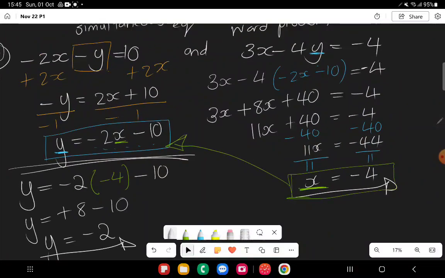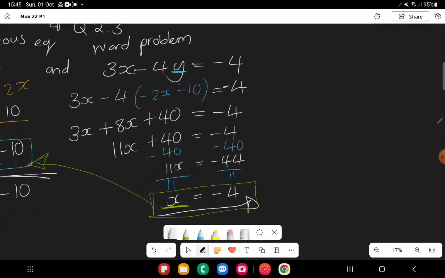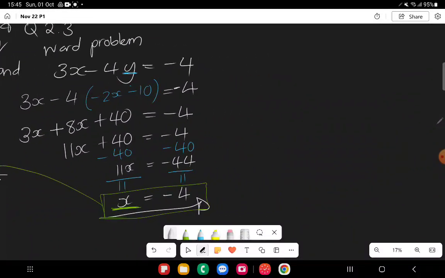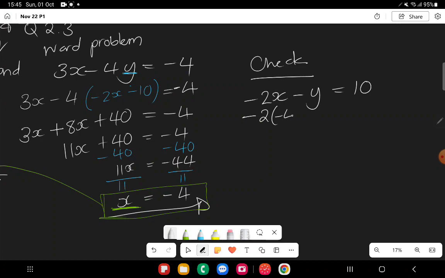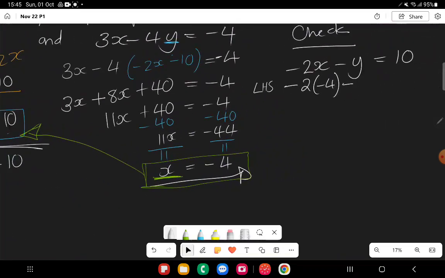Now you can check. You don't need to check, but you can. So if we wanted to check, our first equation was negative 2x minus y is equal to 10. Negative 2 times negative 4 on the left-hand side, minus, and our y value is negative 2.